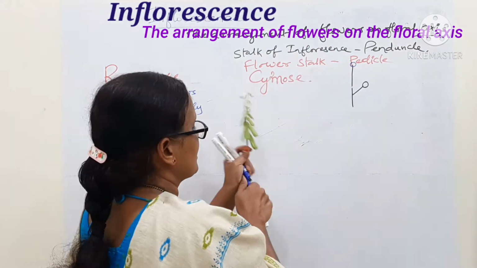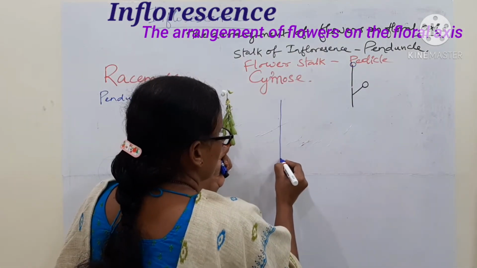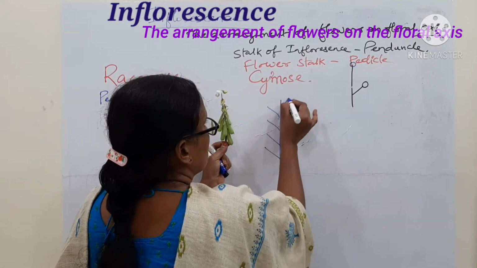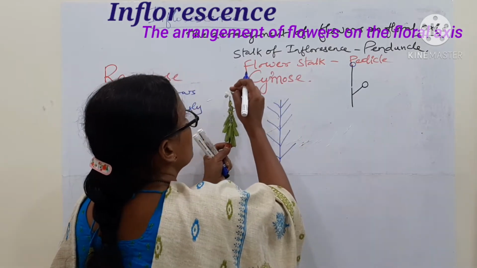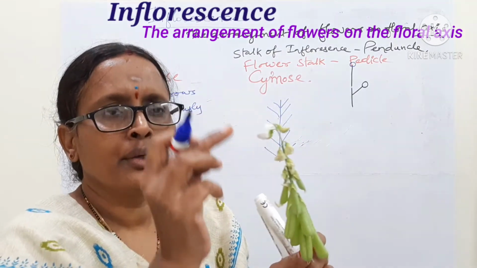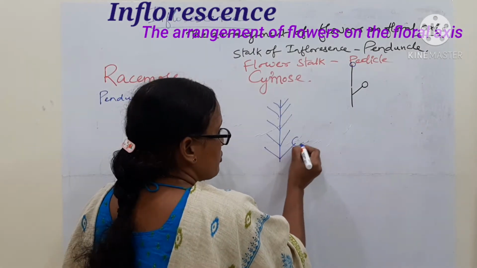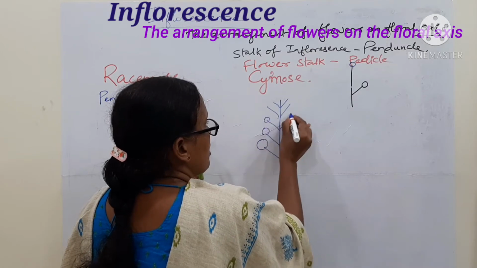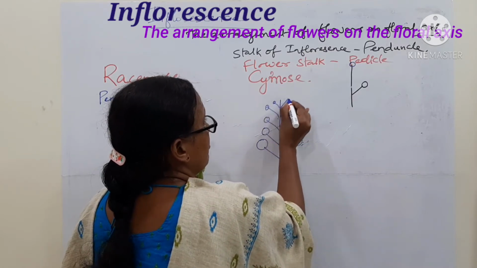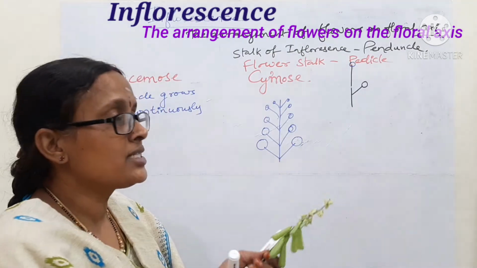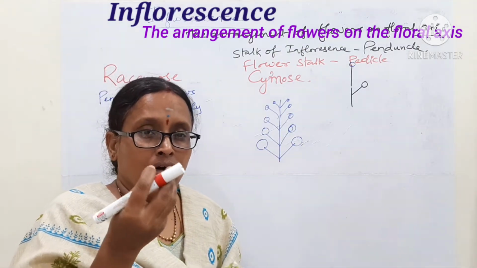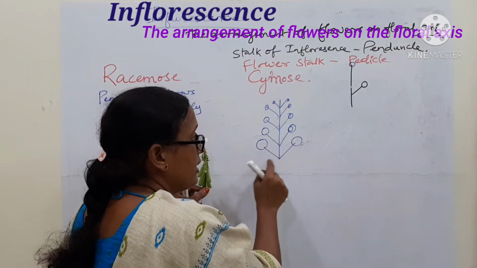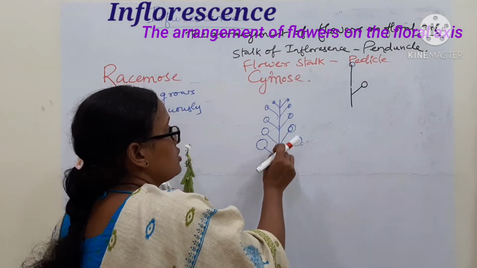If you draw this axis, the flowers formed in the earlier stage are larger, and continuously the axis keeps growing. Larger flowers are at the base near the peduncle, and smaller, newly developing flowers are at the apex.